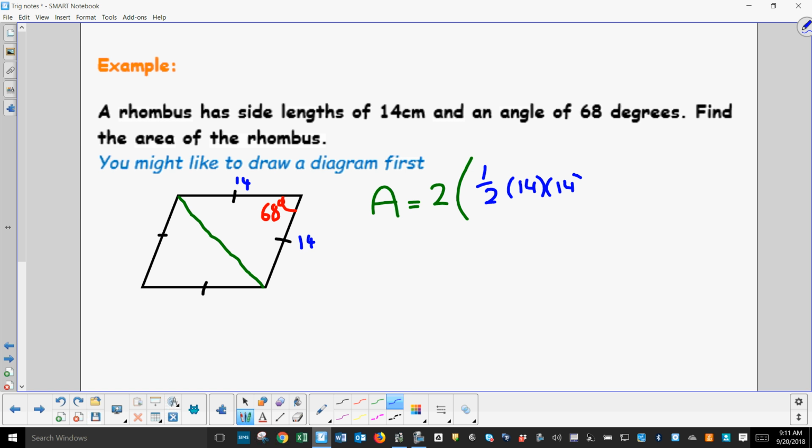Sine 68 is not from a special triangle, so we need to use the calculator. So whichever way stops you from accidentally finding the area of just one of them and not the whole rhombus. You might just make a note, or really try hard to remember. And then as Bella said, 2 times a half is just 1. So you could do 14 squared, sine 68. What is 14 squared?